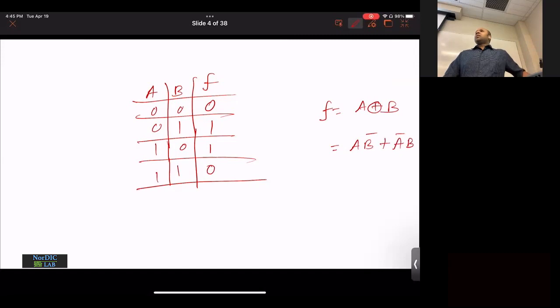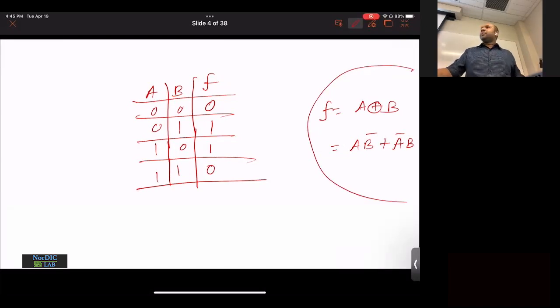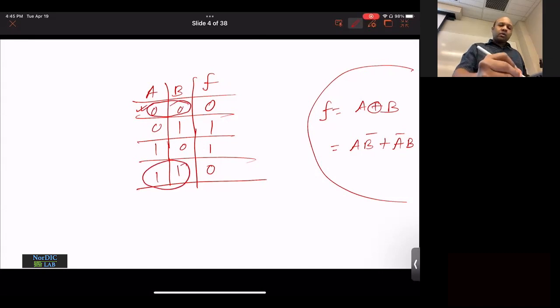But let's forget about all of these expressions and try to make sense of this in a realistic scenario. Whenever both of these bits are the same, like either 0, 0 or 1, 1, your XOR output is 0. And whenever they're different, there is another term for being different.